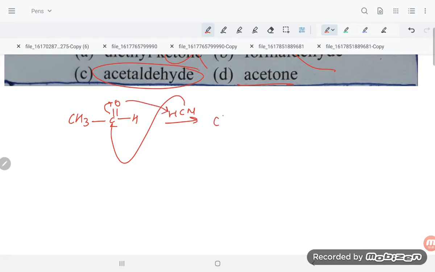So that is CH3C, it will give OH, and next it is going to form CN. So that is the cyanohydrin, and this hydrogen is still there.